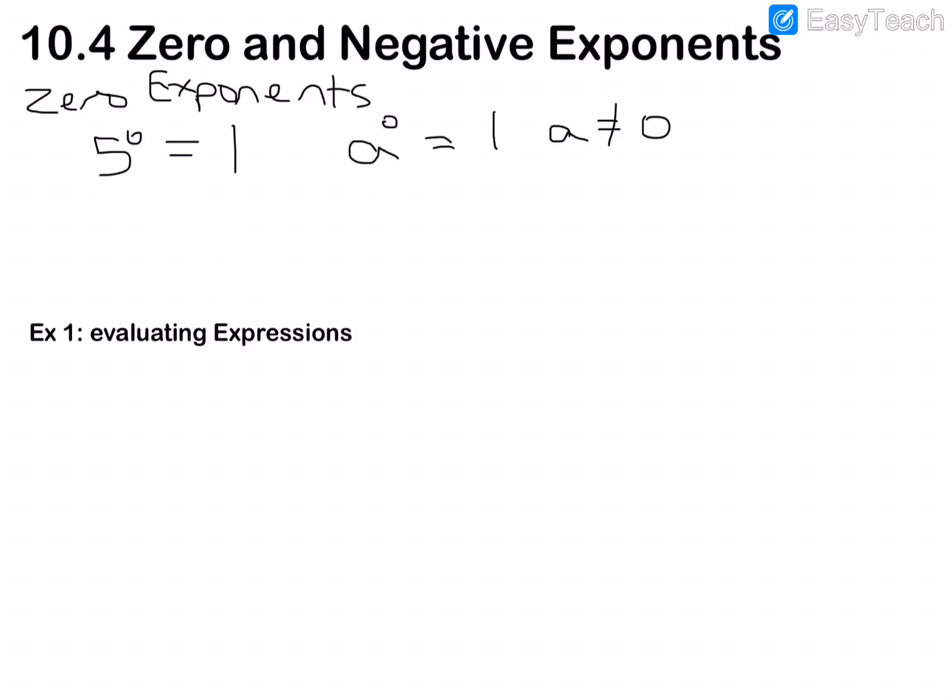So any number that is not 0 raised to the power of 0 is 1.